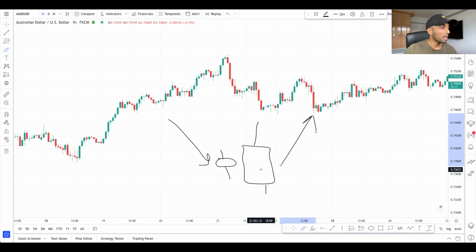So for example, if I find an example in this price action here, we can see here is a decent example of a bullish engulfing, because we can see that this green candle here is engulfing that red candle here, but we can see that it is at the bottom of the move, because we moved down here and then we started to move up. So that is an example of a bullish engulfing, because it is at the bottom of a move, right?